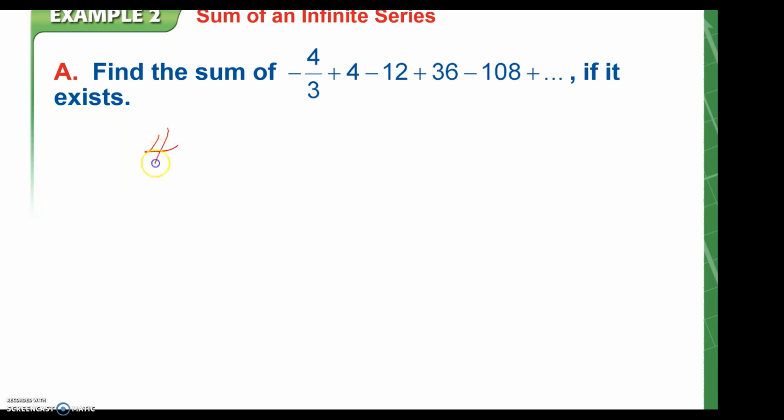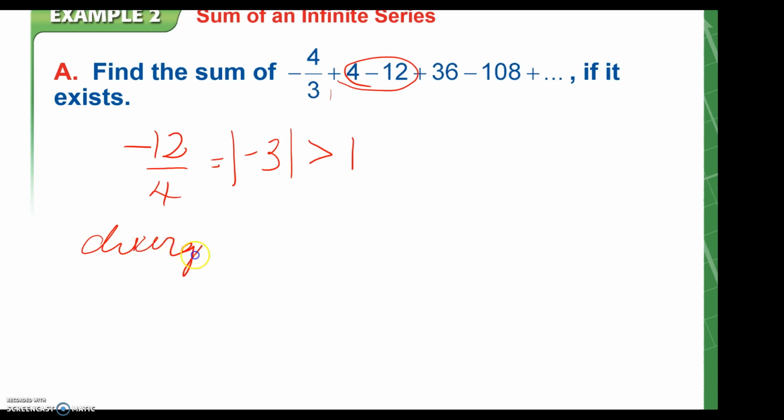So here I'd take 4. Let's just divide these two. So negative 12 divided by 4 gives me negative 3, and the absolute value of that is greater than 1. So this is divergent, which means the sum does not exist.